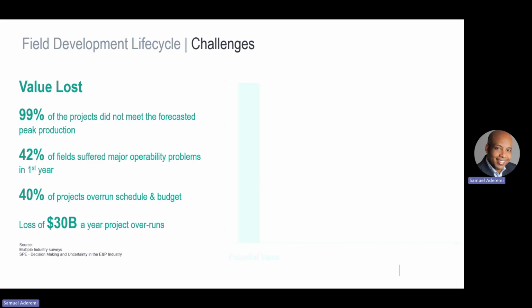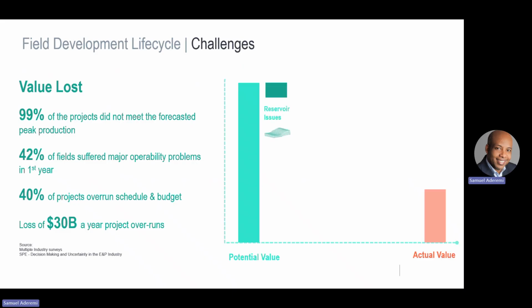So what we've seen on this slide is the fact that so much value is lost between the field's expected performance and the actual performance. In the green bar, we can see the potential value, but the true value at the end of the day is represented by the orange bar.